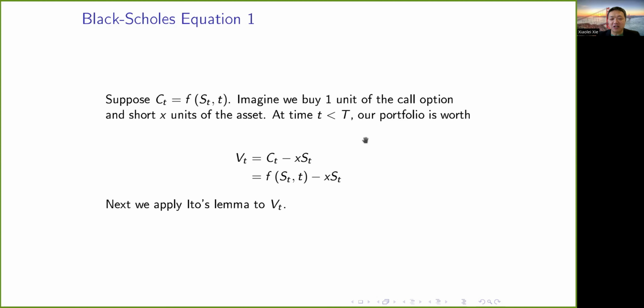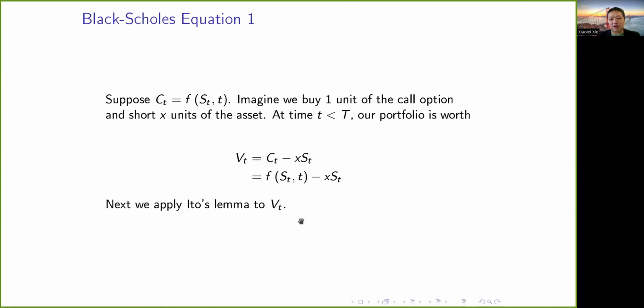So at any time before the expiry, our portfolio has this value. We have bought 1 unit of the call option, and hence we have the C_t here. At the same time, we have shorted x units of the asset, and therefore we have to subtract the total value of the assets.